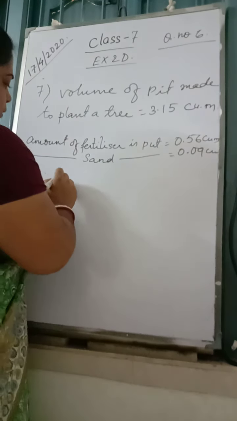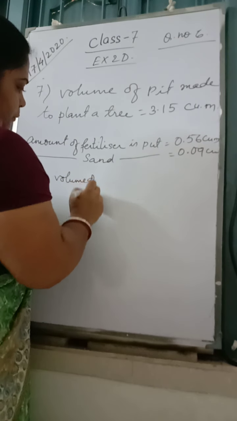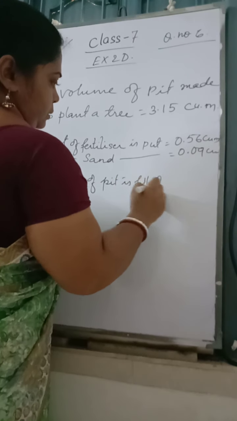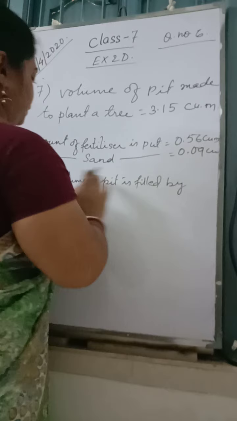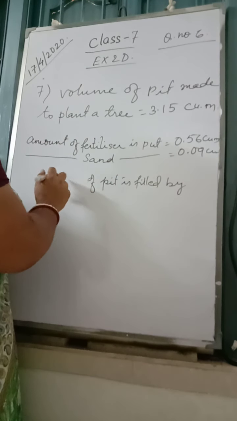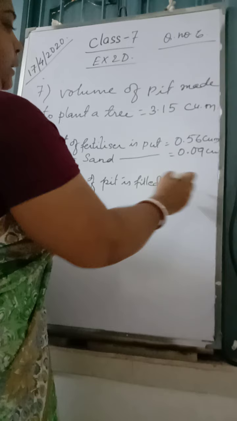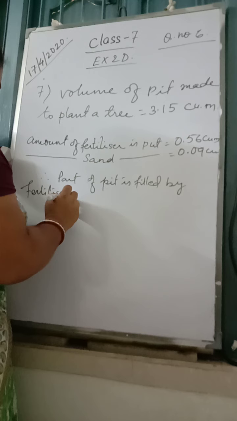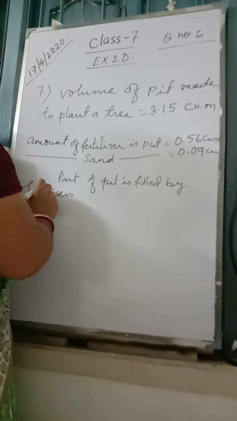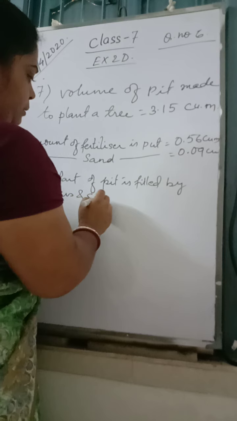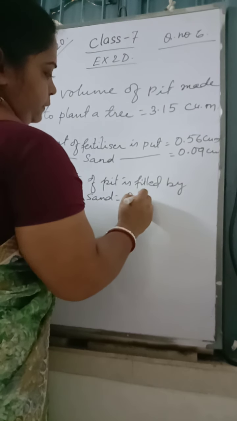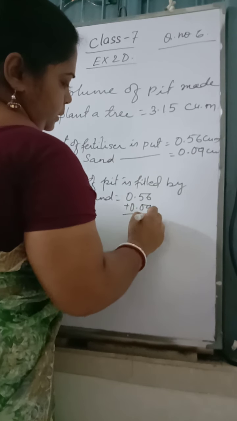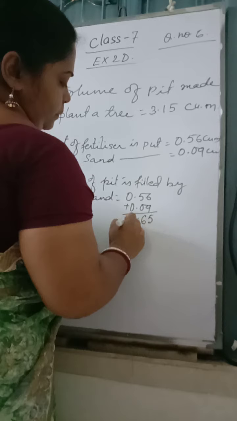So the part of the pit that is filled by fertilizers and sand is equal to 0.56 plus 0.09 cubic meter.